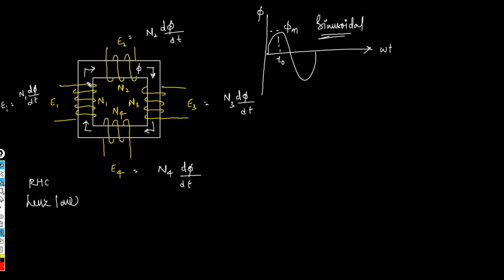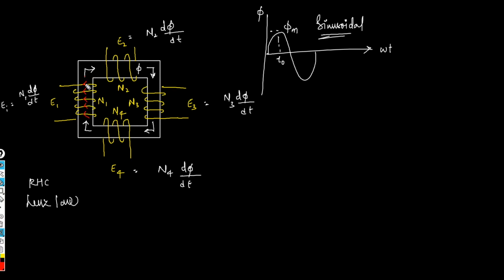So whatever current flows through these N1 turns should be in opposition to the flux phi. In order to oppose that, your thumb should be placed downwards, opposite to this particular direction. If your thumb faces downwards, then the current direction would be represented in this way.